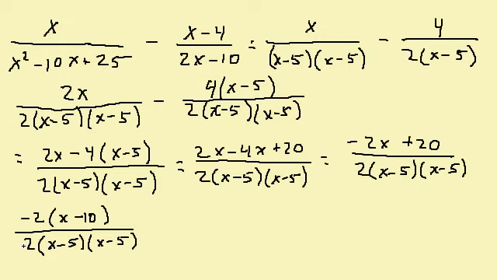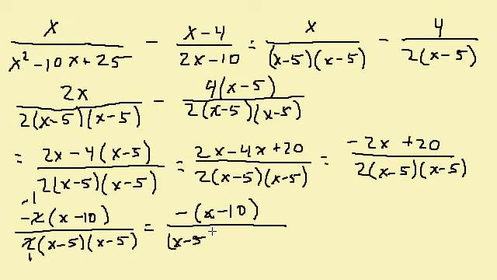And then you can see the 2's cancel. So I'm left with negative 1 and positive 1. So my final answer is negative x minus 10 over x minus 5 times x minus 5. And that's our final answer.